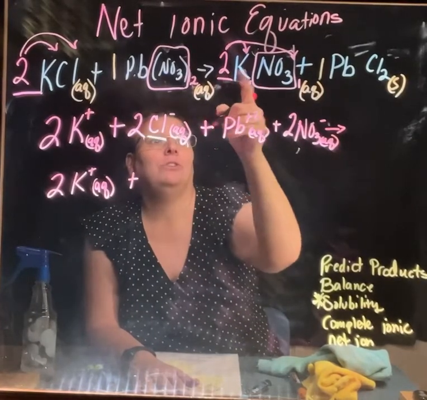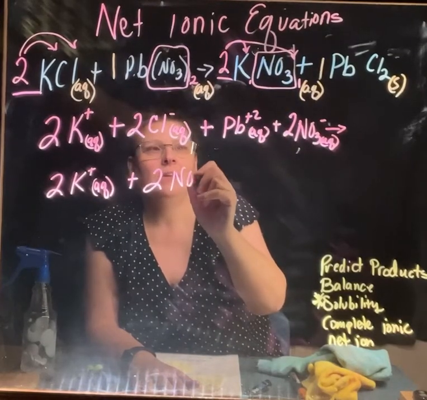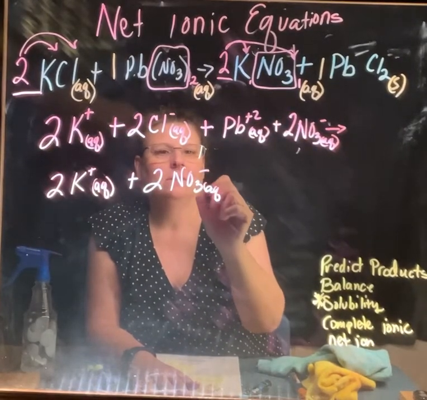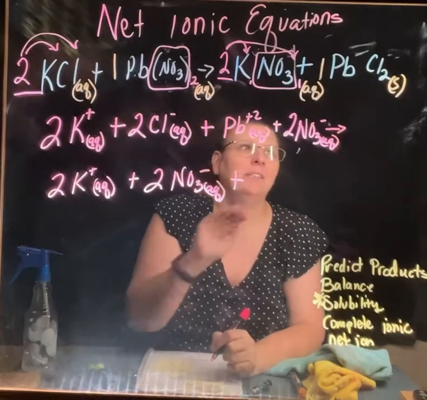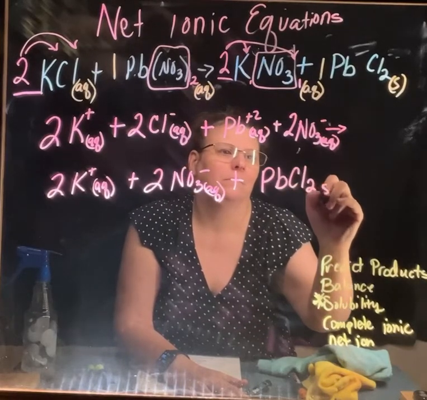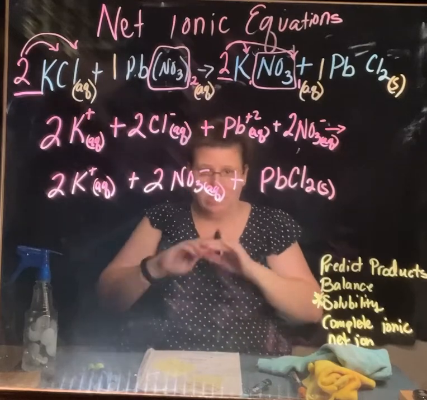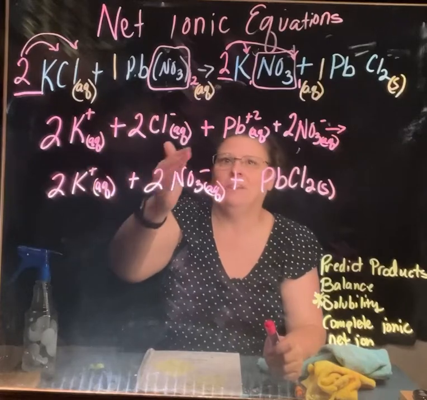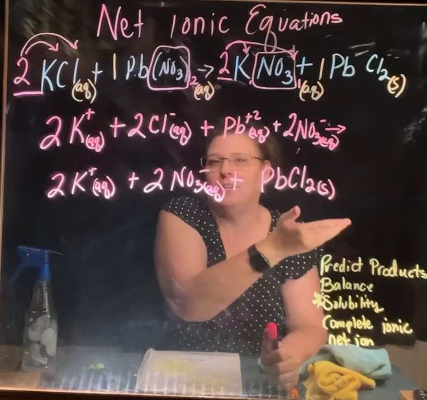Then I have 2 nitrates, NO3 negatives. It's also aqueous. But now I have a plus sign, and then I have a solid. The solid does not break apart. Like I said, this is supposed to be in a really long line, and this is your complete ionic equation. We broke it down into each individual ion. It tells you how many of each ion is in this equation.